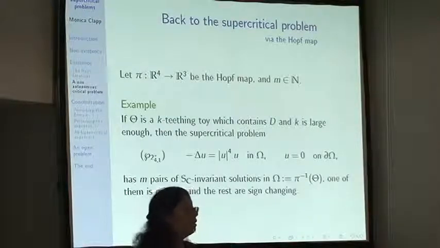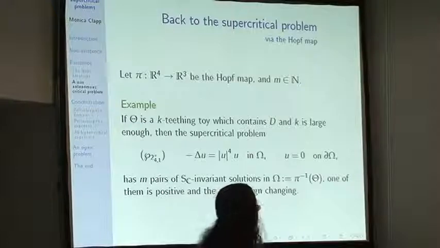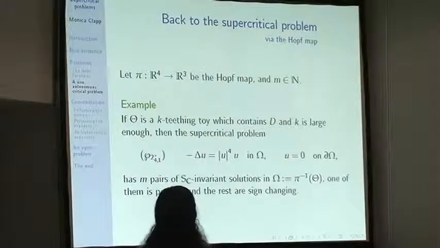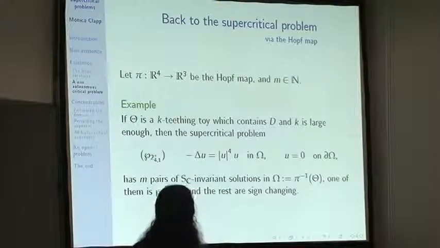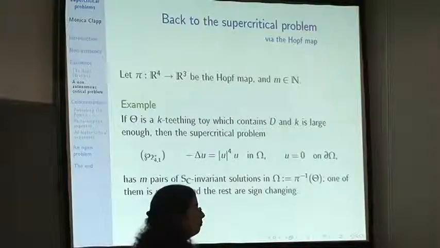So this is one result which is supercritical. Here the exponent, this 2 star 4, 1, is precisely 6, which is a supercritical exponent in dimension 4.